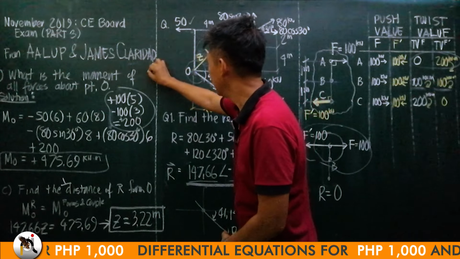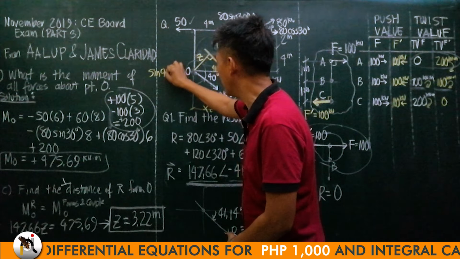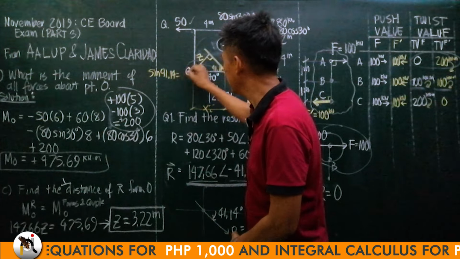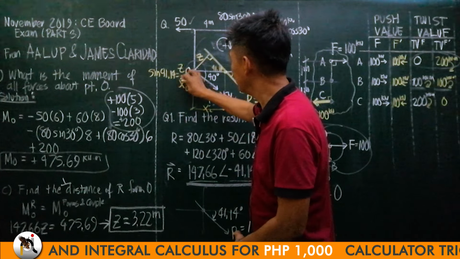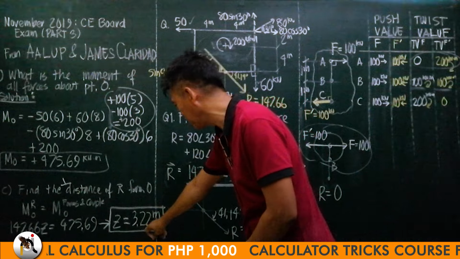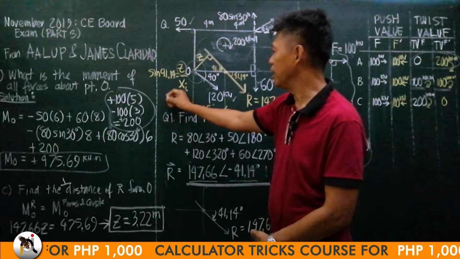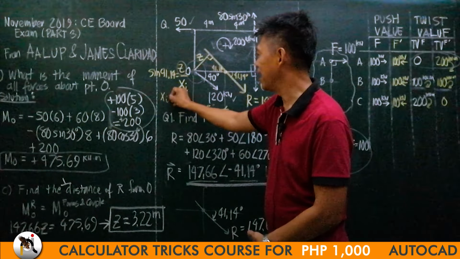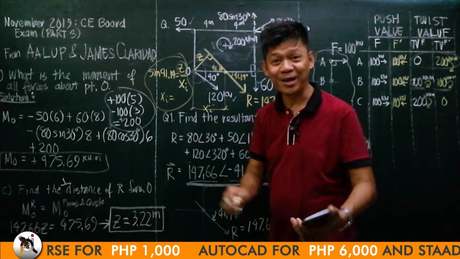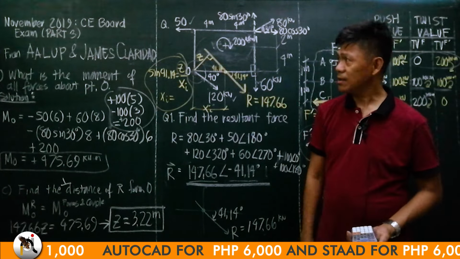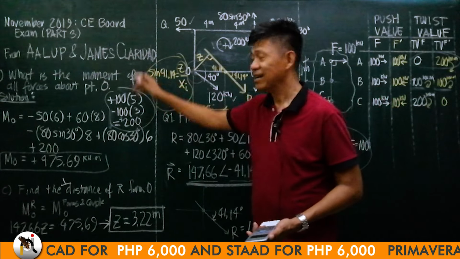I repeat, the sine of 41.14 degrees equals Z over the x-intercept. You just substitute the value of Z, 3.22, and you'll be able to get the x-intercept. You follow? I hope I answered the question of COK and James Claridad.